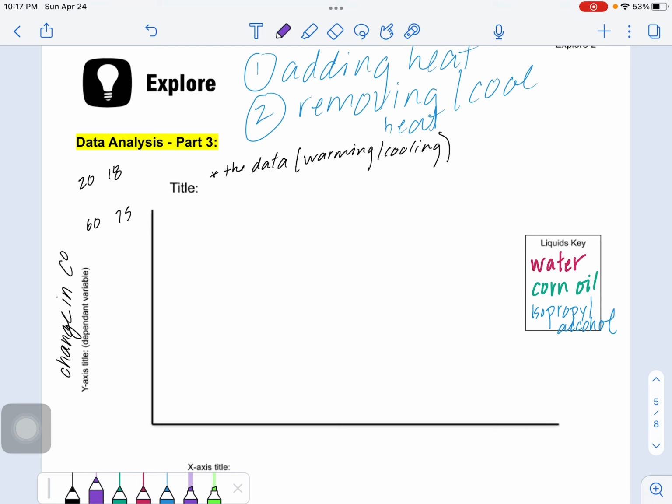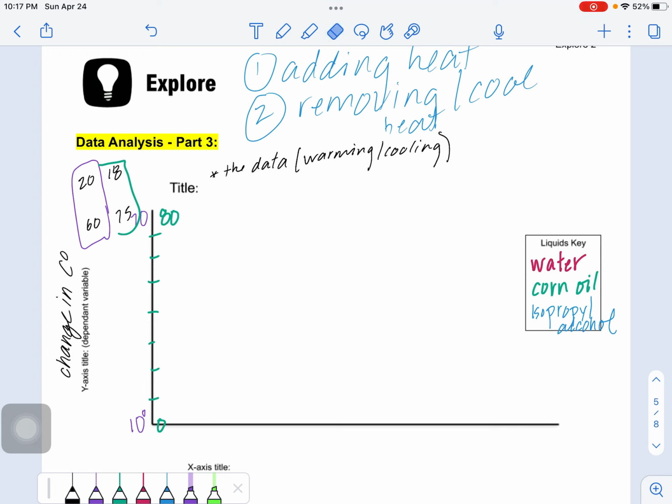So you might start at 10 degrees and go all the way up to 70, right? Or if this is your data, you might start at 0 and go to 80. So you just got to give yourself some room and a nice even scale, I would just go by 5s, right? So you've got enough room to get all your data in there.